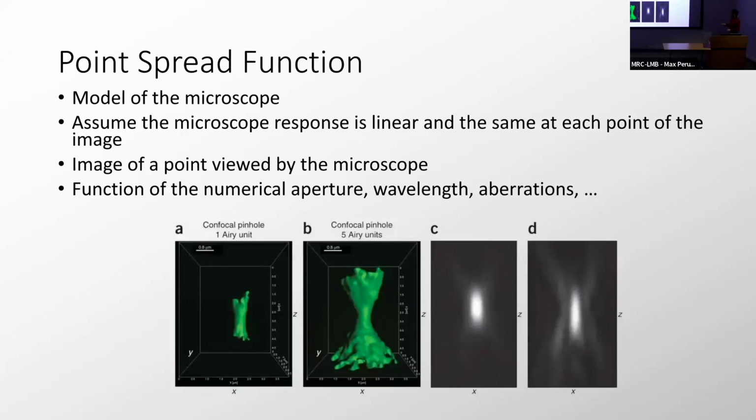It's a function of the numerical aperture, the wavelength, and aberration. It's not a function of the magnification, for example. I mean, it would just scale it, but not change its shape.